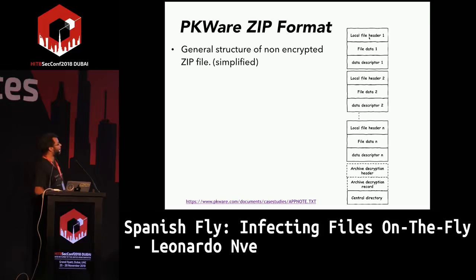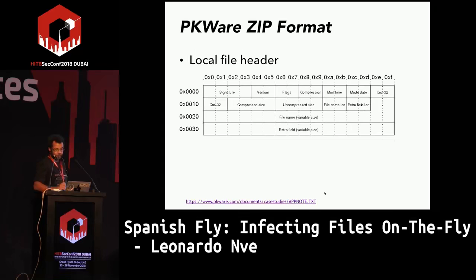The first file will have a local file header, the compressed file data, and a data descriptor. Then the second file, the same: a header, the file data, and a data descriptor. Then the end of files, then some headers and a record of whether the zip file is encrypted. And finally, a central directory with CRCs and an index of all the files.